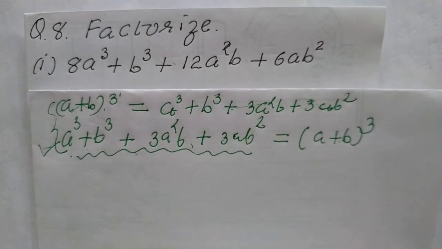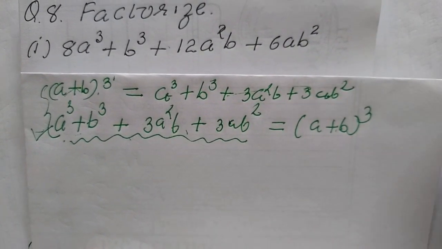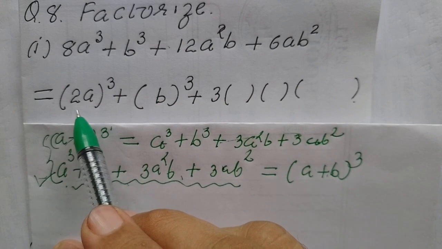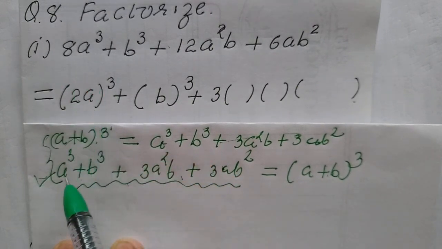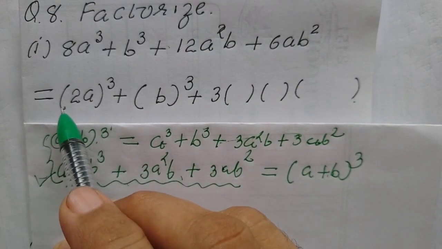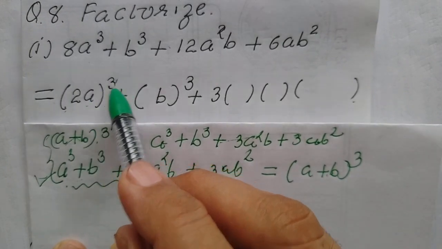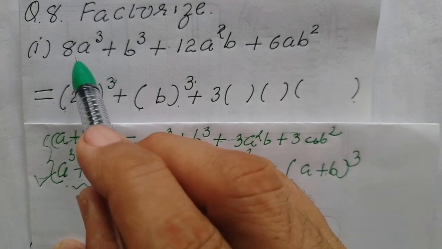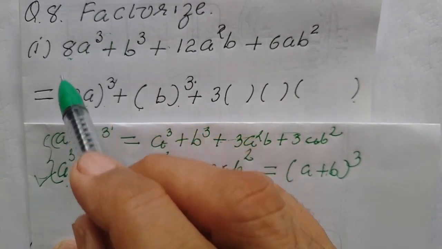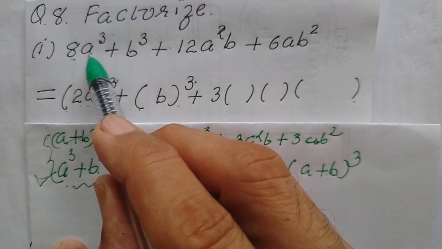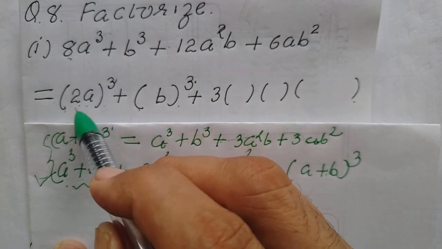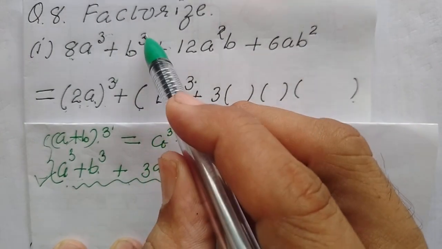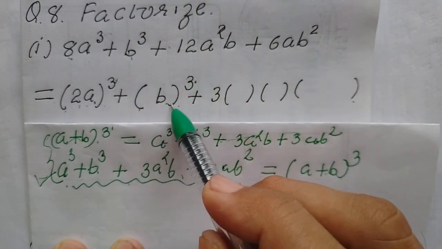Now children, how to convert this? Now see here. I have written this form like this. So it is bracket 2a cube, b cube, so bracket cube. 8a cube: the cube root of 8 is 2, a cube is here, so it is a, b cube is here, so b outside the cube.